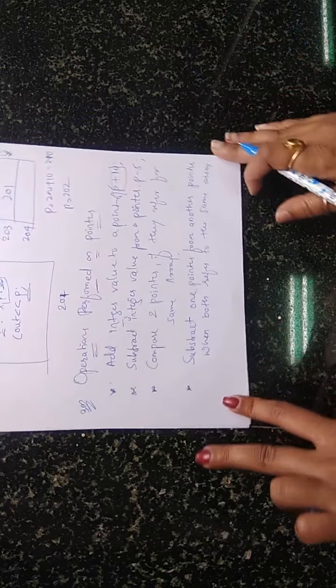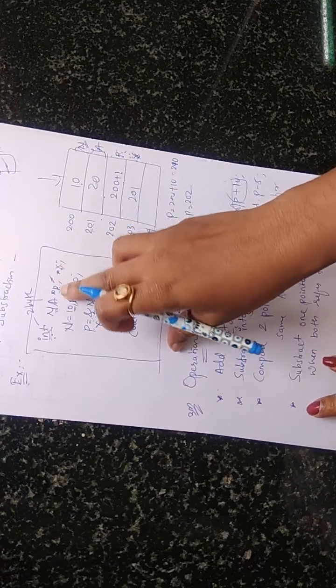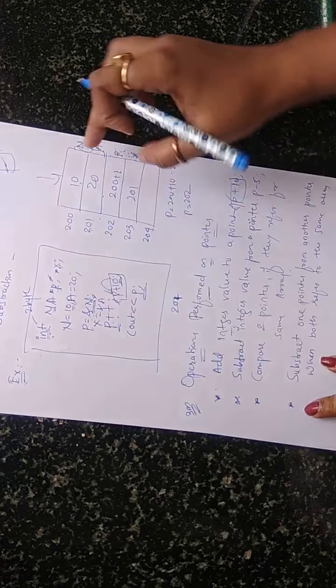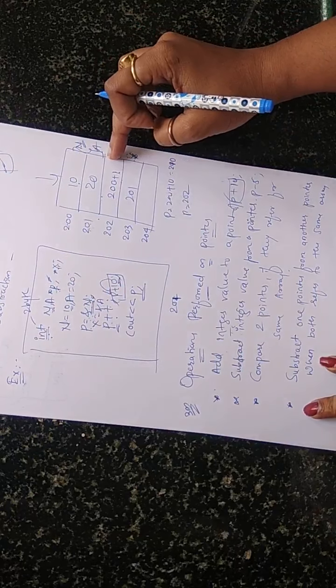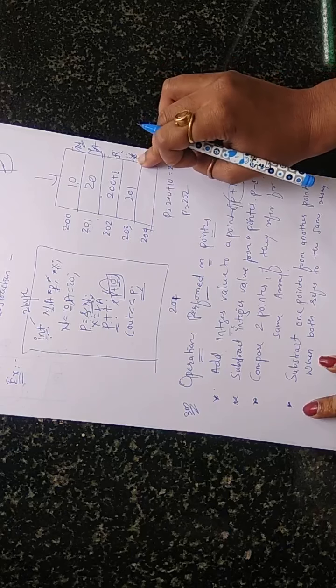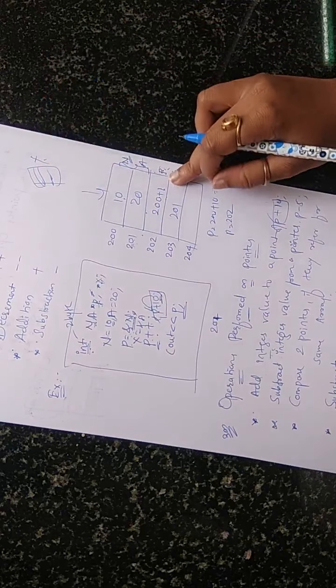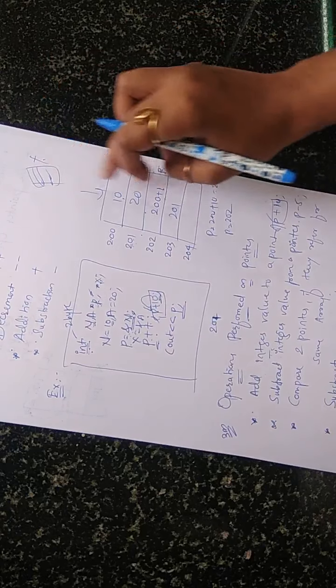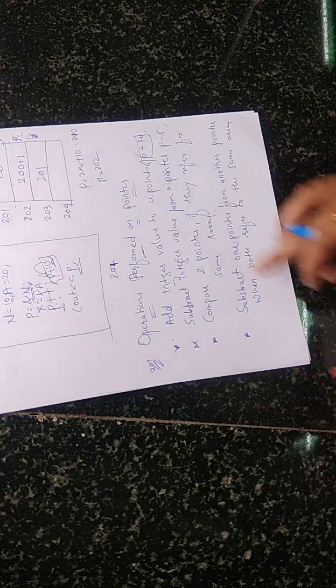If x and p both are pointers referring to the same array, then we can subtract the pointers from one another. If x is referring to one array and p is referring to another, then this subtraction is not possible. That is your fourth operation relating to your pointer.